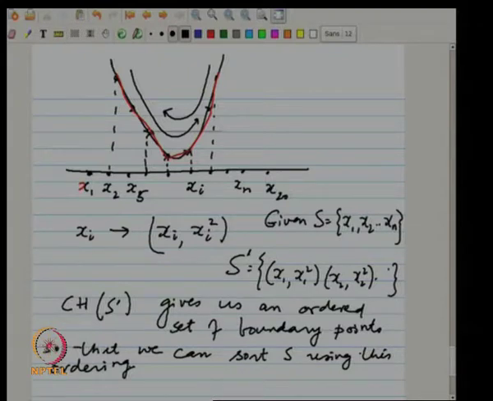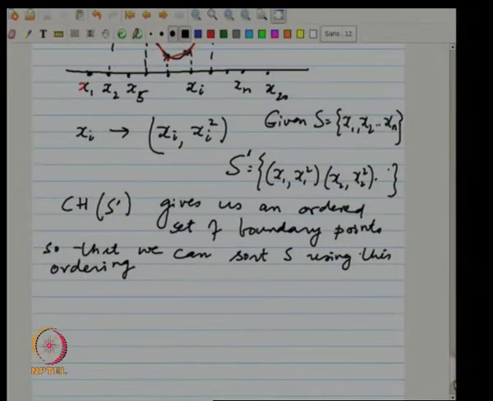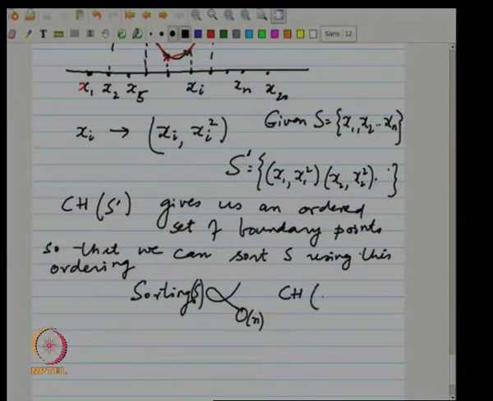So, we have essentially shown that sorting is linear time reducible to convex hull. Sorting of S is reducible to convex hull of S prime.